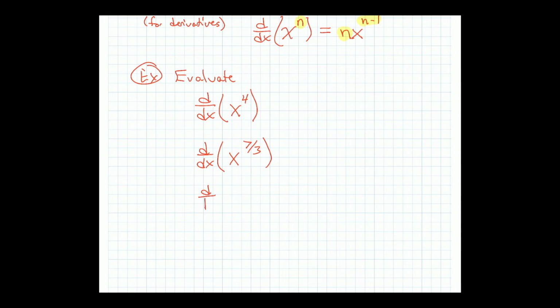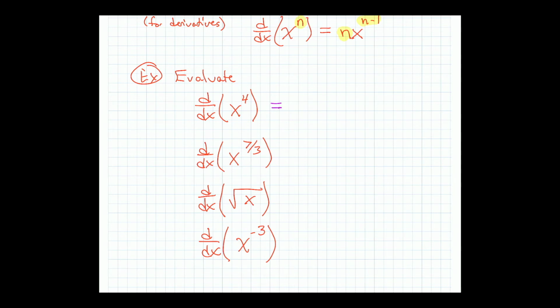I want the derivative of square root x. Okay, and I'm purposefully making some of these more complicated, mostly to let you know that it can be complicated. But these are all going to use the same rule. So they're not using any other rules other than the power rule here.